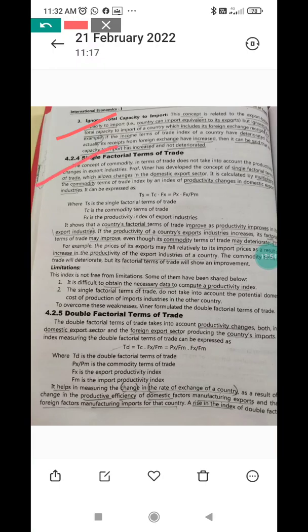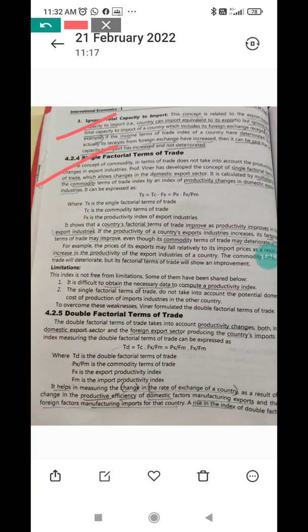Here, single factorial terms of trade. The concept of commodity terms of trade does not take into account the productivity changes in the export industry.